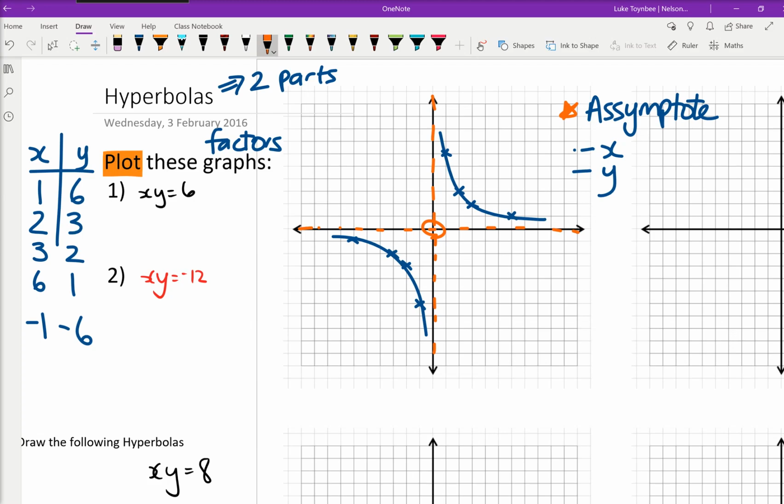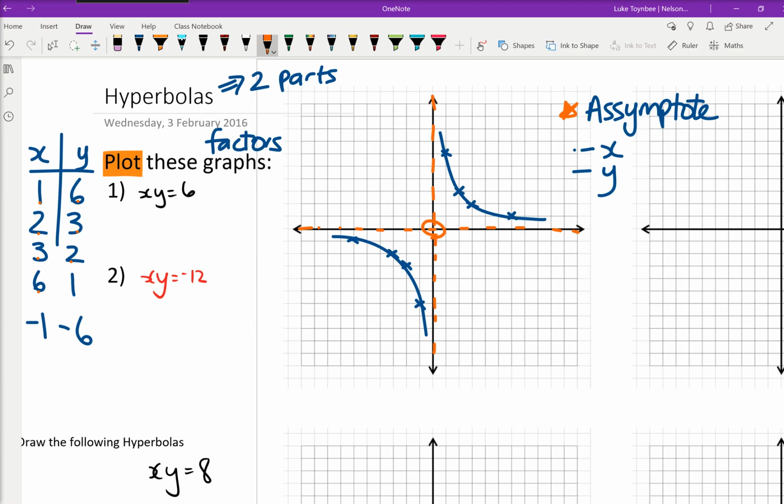So what's going to move when we try and move these hyperbolas? Yeah, where those asymptotes meet. Okay, if we can find where those asymptotes meet, then drawing a hyperbola is just as easy as saying what are the two factors of 6 and then going 1 and 6, 2 and 3, 3 and 2, 6 and 1, -1, and just sketching it like that.